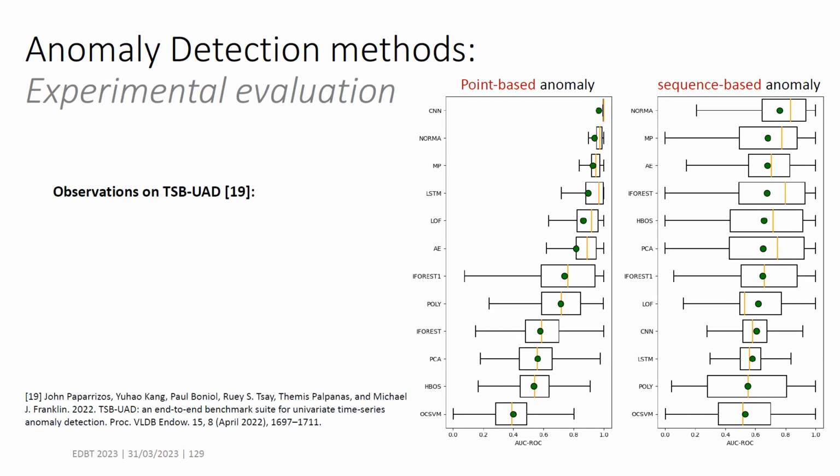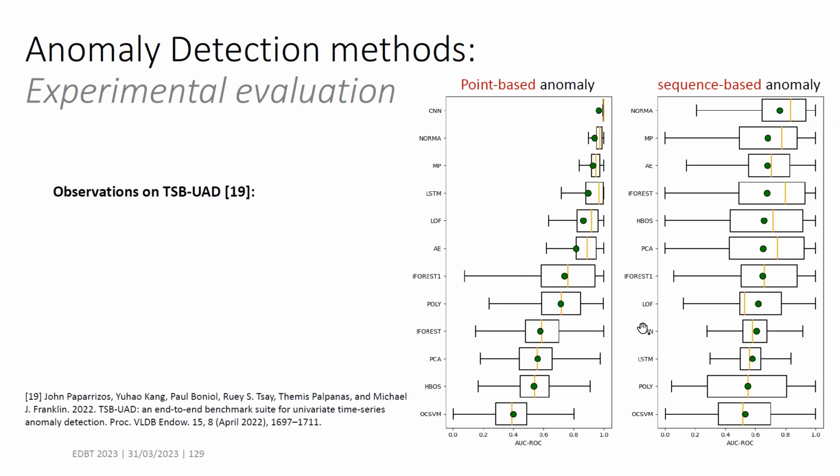This is easy to check. So we can then measure the difference. And this is very interesting. Here you see a drastic change of performances between point and subsequences. And what is even more impressive is that CNN here is almost perfect, whereas CNN was ranked low here for sequence.